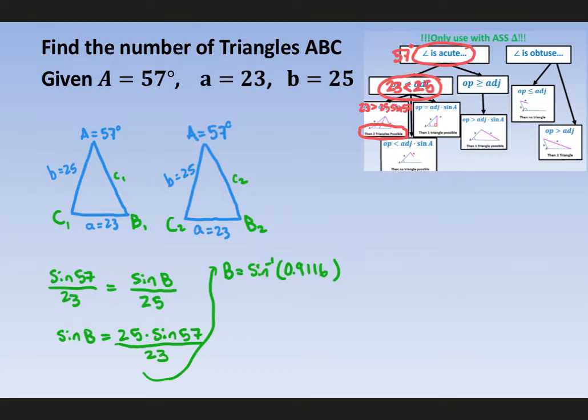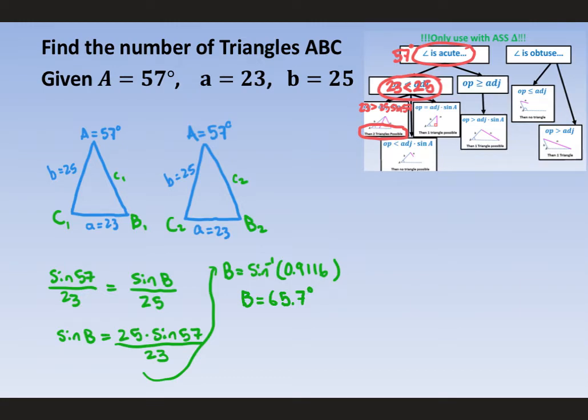When I take the inverse sine of that number, I get big B equal to 65.73 degrees. Excellent. I'll just call it 65.7, that's easier, 65.7 degrees. So that's one of my angles.